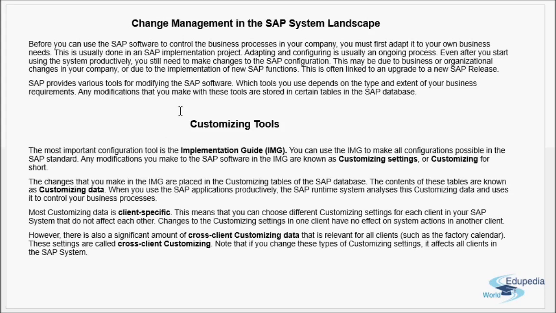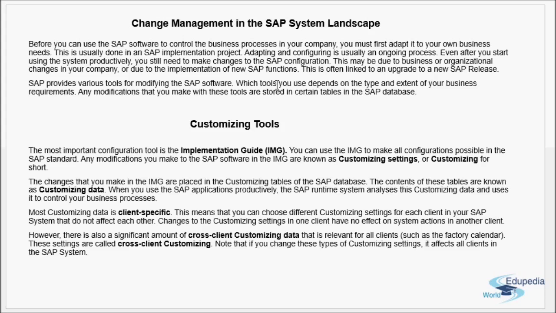Adapting and configuring is usually an ongoing process. Even after you start using the system productively, you still need to make changes to the SAP configuration. This may be due to business or organizational changes in your company, or due to implementation of new SAP functions. So it's not only after the first implementation, but making modifications is an ongoing process.